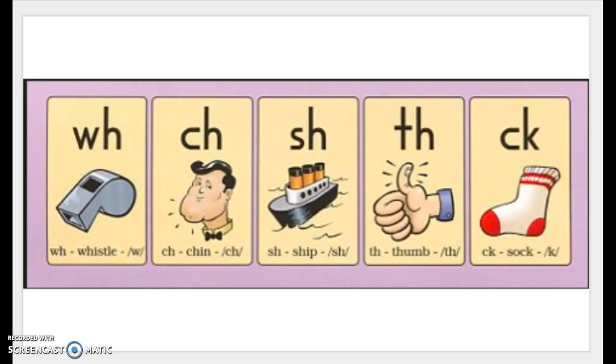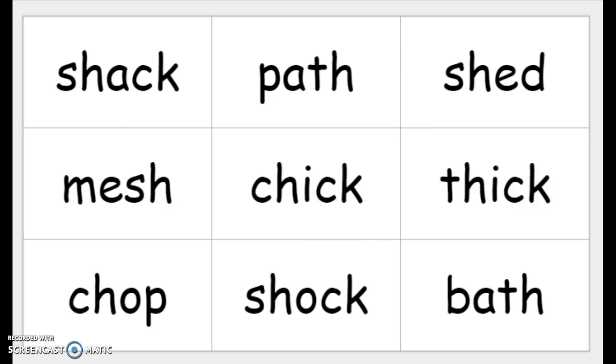All right, boys and girls, let's look at some words. All of these words have digraphs in them. Remember, when we have a digraph, we're only going to say one sound. So in this first word, we have two digraphs. And I'm going to underline both of those digraphs.